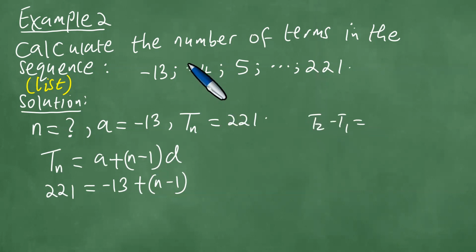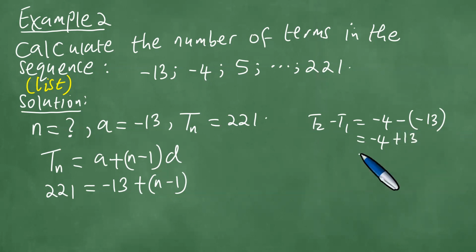T2 minus T1. What is T2? T2 is minus 4, minus T1. What is T1? It is minus 13. So minus 4, negative by negative is plus 13. And the answer is 9. But we need to check because it must occur twice.